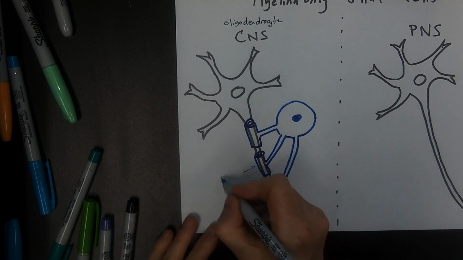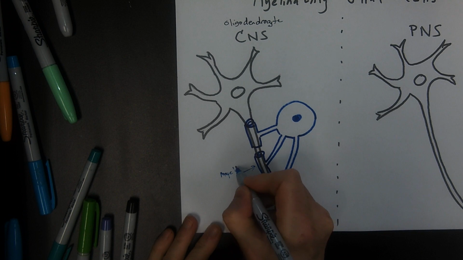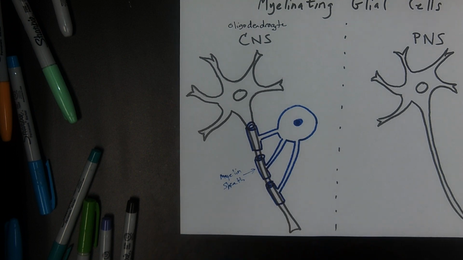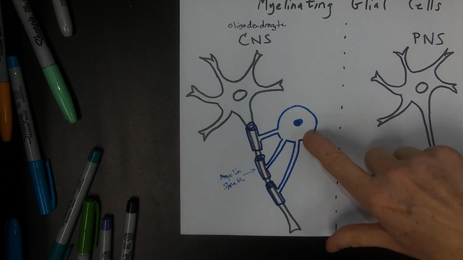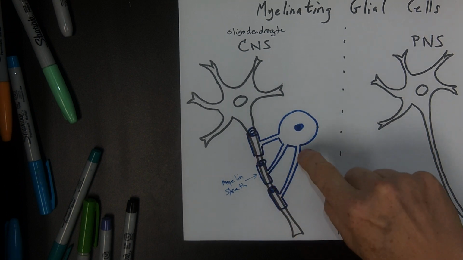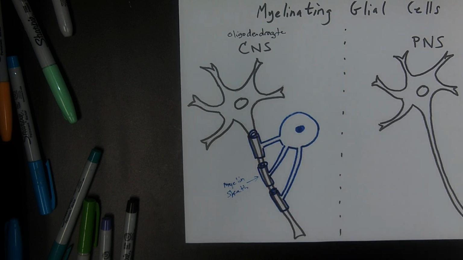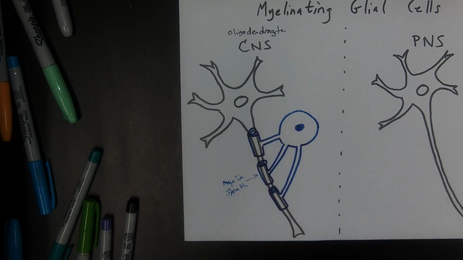This thing is a myelin sheath, M-Y-E-L-I-N, S-H-E-A-T-H. So there's one oligodendrocyte, and it puts out 3 appendages, or many, many appendages. One oligodendrocyte is capable of providing multiple myelin sheaths to either the same neuron or even other adjacent neurons. So it's not really limited.